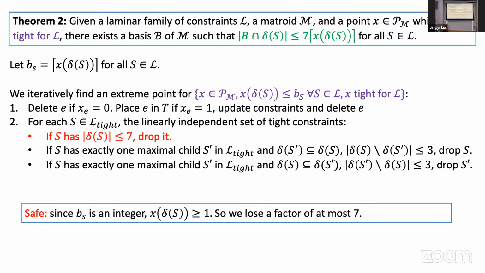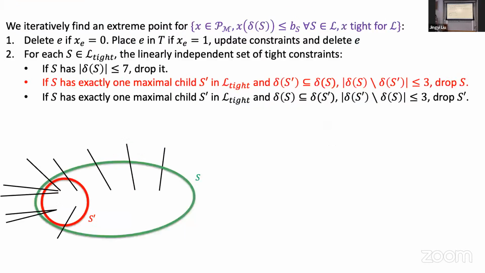And now there are 2 other conditions, which are a bit different. Let's look at the first one. It says that if S has exactly one maximal child, S prime, in the laminar family of tight constraints, and the delta of S prime, so these edges are a subset of delta of S, and the difference between these 2 sets contains at most 3 edges, then it's safe to drop S. This is the version which says that S is approximately implied by the existing constraints.